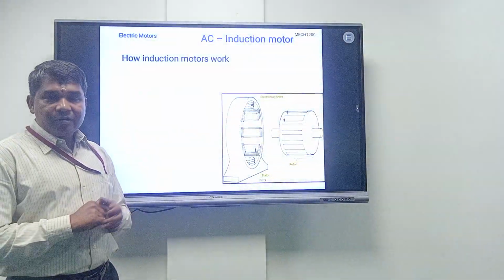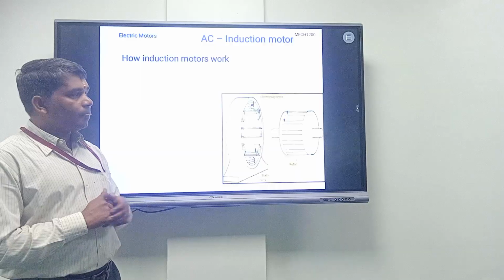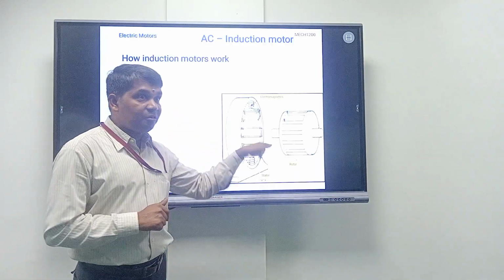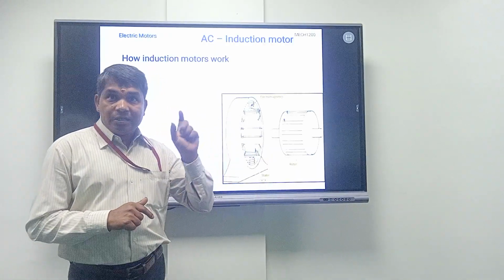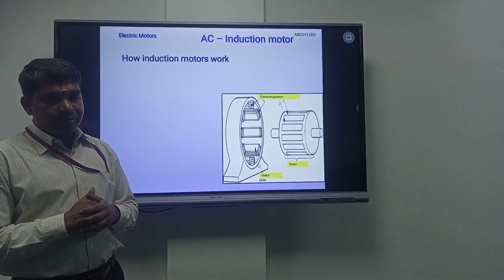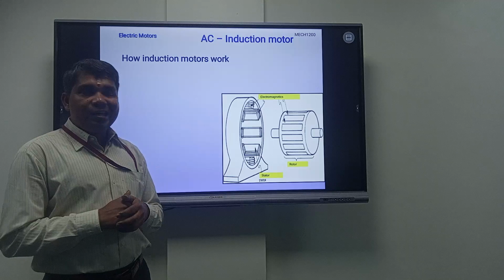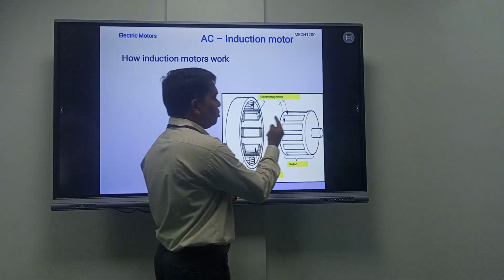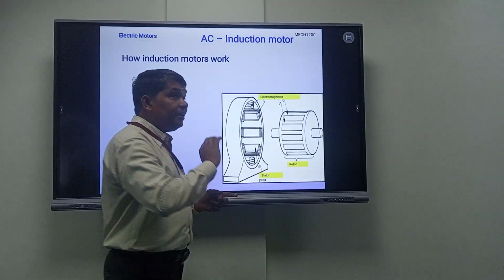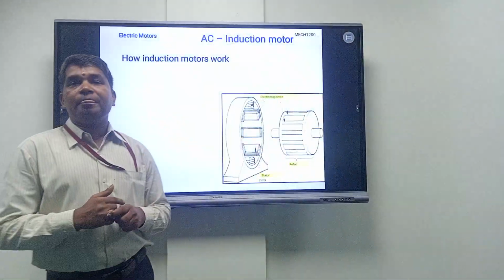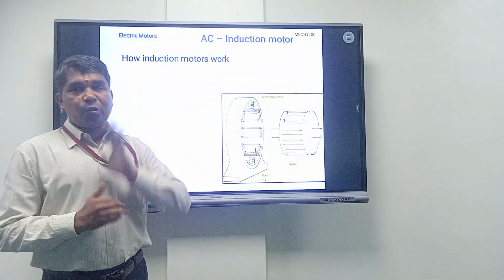In a transformer, the EMF induced in the primary winding and the secondary winding will have the same frequency, but in an induction motor, the EMF induced in the rotor and the stator will be different after the rotor starts to rotate.